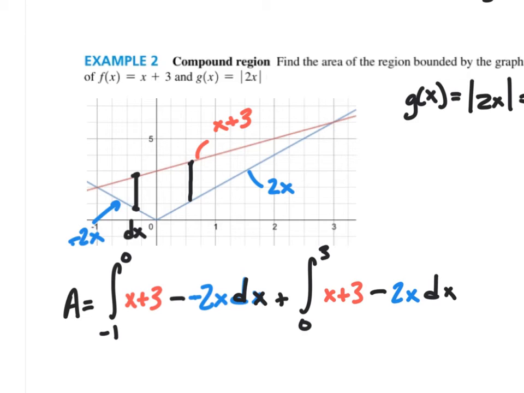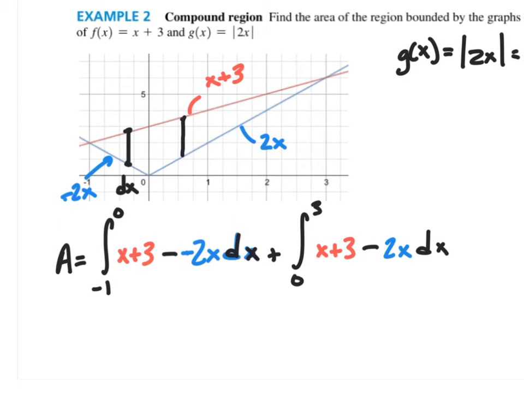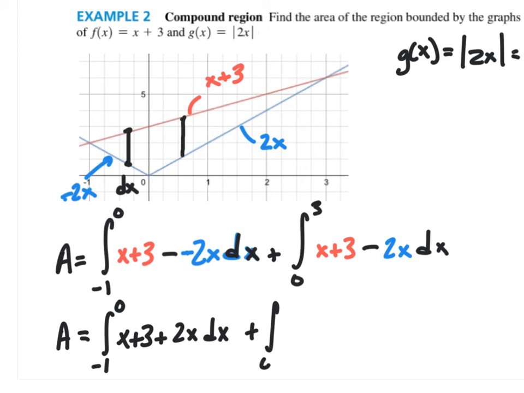So if I want to, I can simplify each of these integrals. I can do this one separately and then this one. So my area is equal to the integral from negative 1 to 0 of x plus 3 plus 2x dx, plus the integral from 0 to 3 of x minus 2x, which is really just negative x, so I get negative x plus 3 dx.